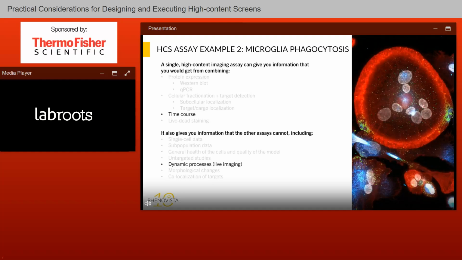So this assay, in a different way from the previous assay we just talked about, is actually a live cell assay where we use a time course and make measurements at a relatively high frequency.